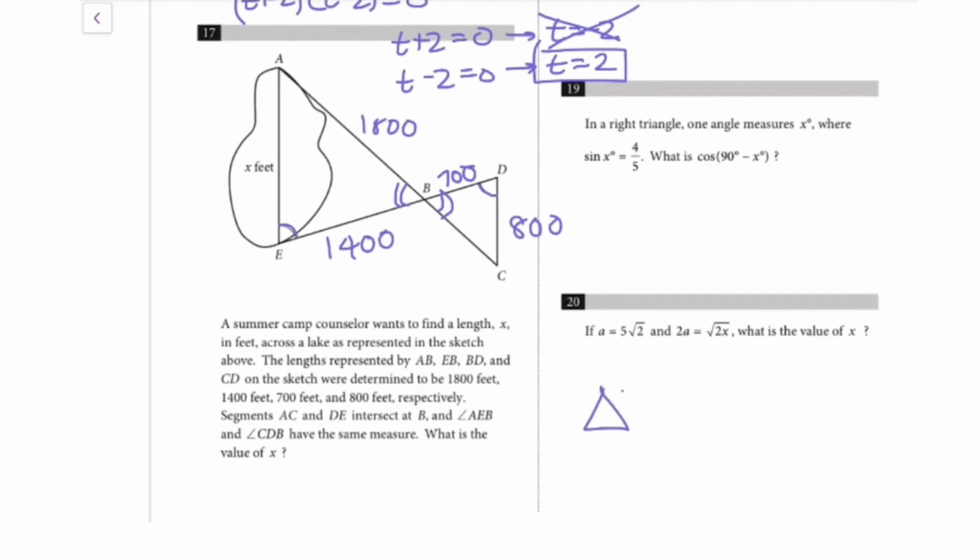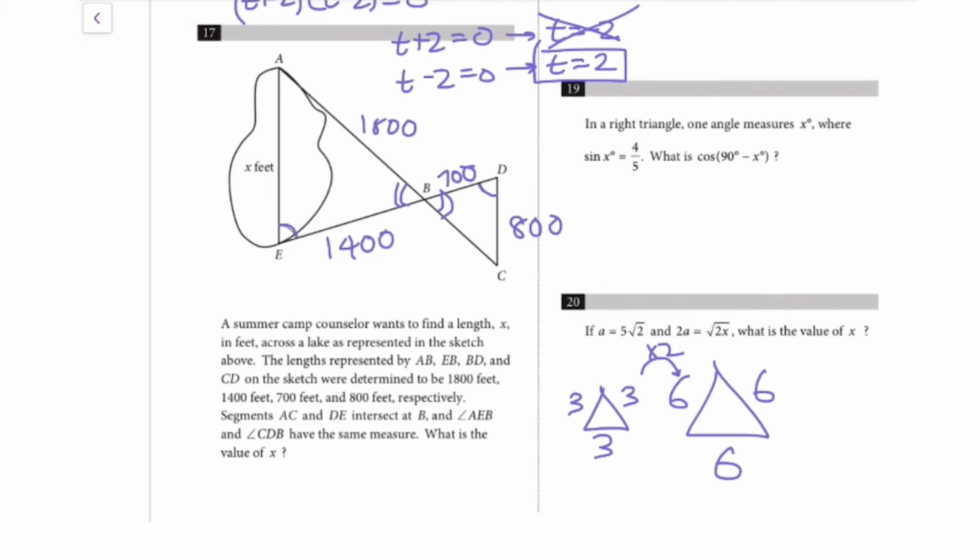So let's say if I have a triangle whose sides are 3, 3, 3, and I have a similar triangle, there's a certain number being multiplied to the value of the side to create this new side. So let's say my multiplier is 2. So my sides would be 6, 6, and 6.